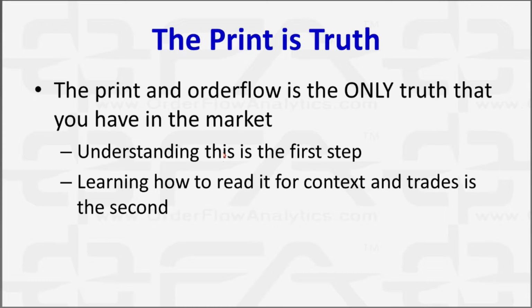And you can start to see points in the auction, even just in the print, where you can say, yeah, this is where buyers are holding, or yeah, this is where sellers really have conviction. And that will help you in getting confluence for trades.